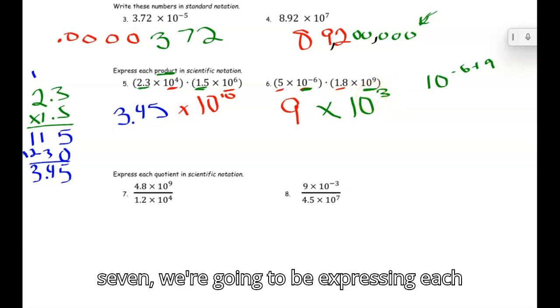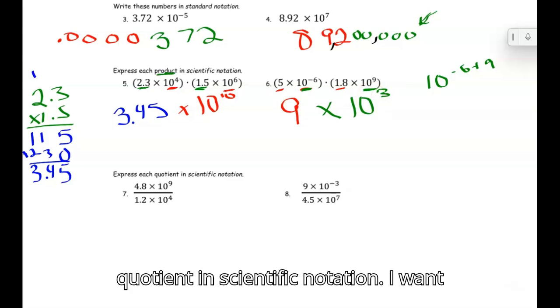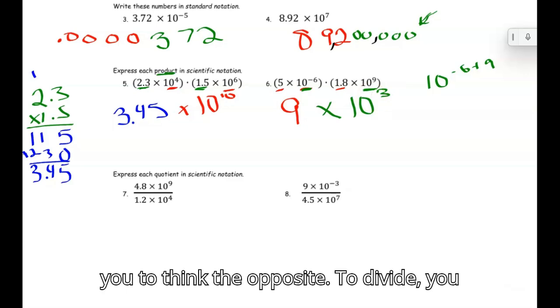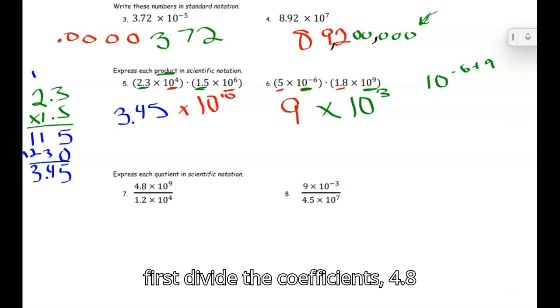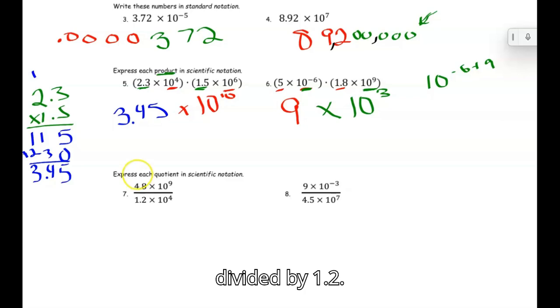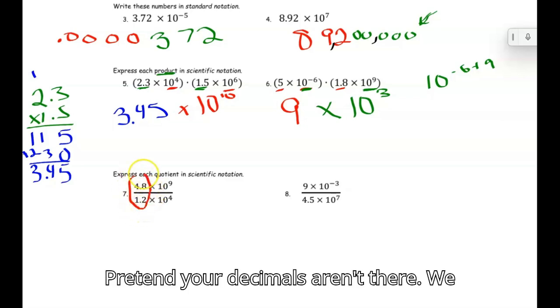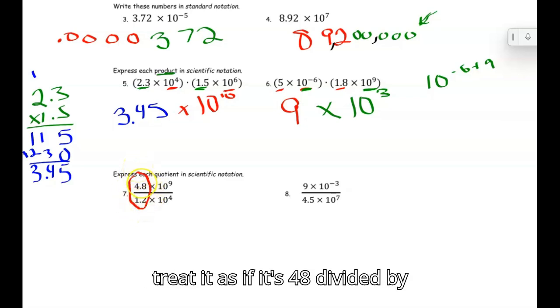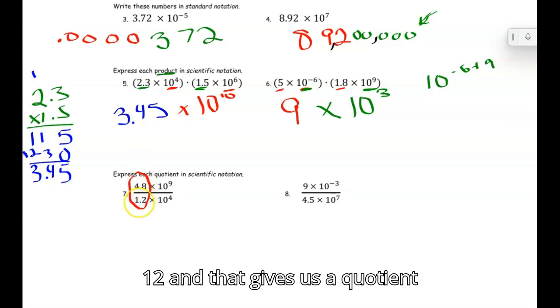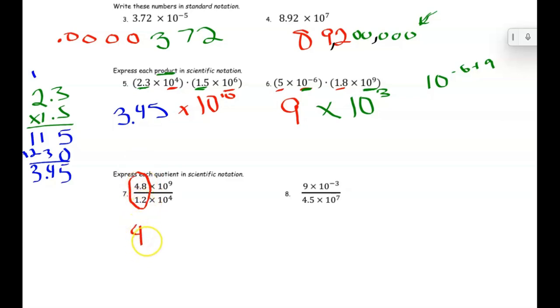Now on to question number 7, we're going to be expressing each quotient in scientific notation. I want you to think the opposite. To divide, first divide the coefficients, 4.8 divided by 1.2. Pretend your decimals aren't there. We treat it as if it's 48 divided by 12, and that gives us a quotient of 4.